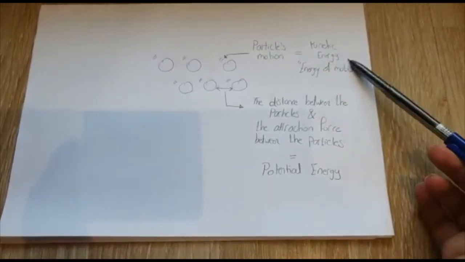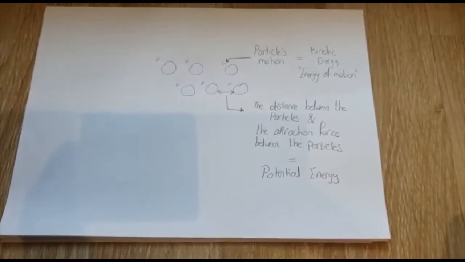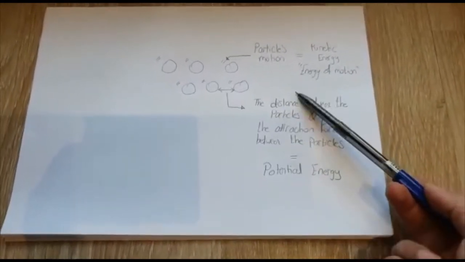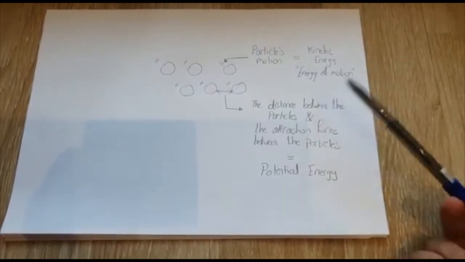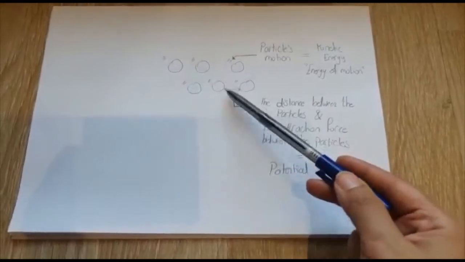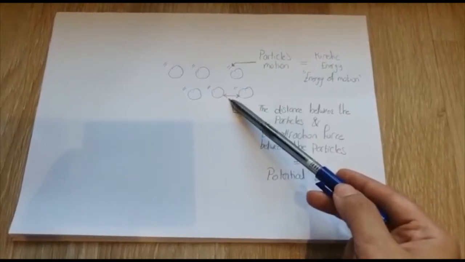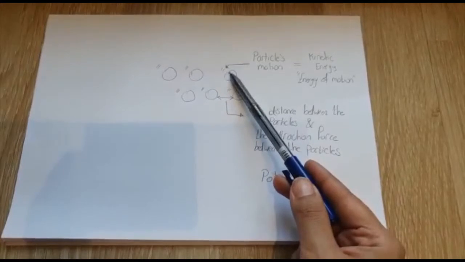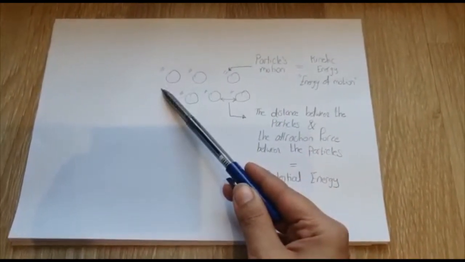Now the kinetic energy, as for any living organism, is the energy of motion. When I say Ali has a high kinetic energy, that means he is moving a lot. Same here with particles: when I say the particles have high kinetic energy, this means they have a high speed, or their motion is high. And I represent the motion, which is an indication of the kinetic energy, by those lines.